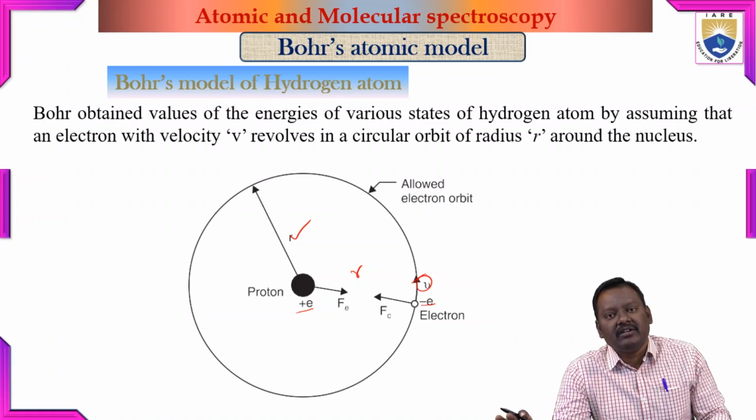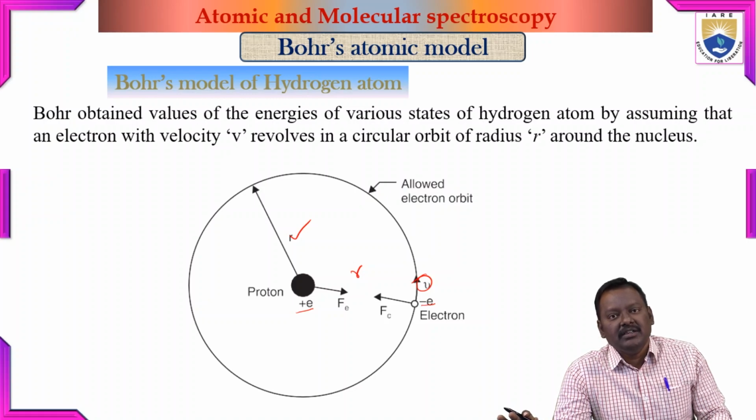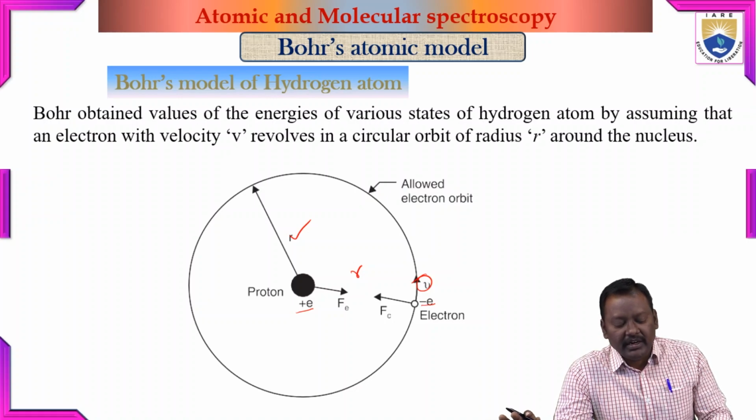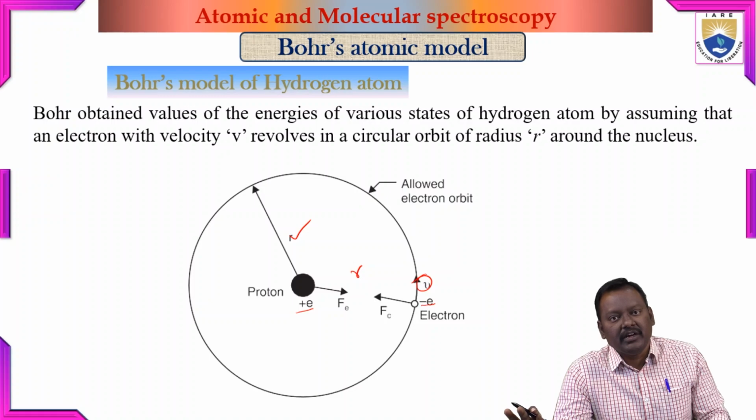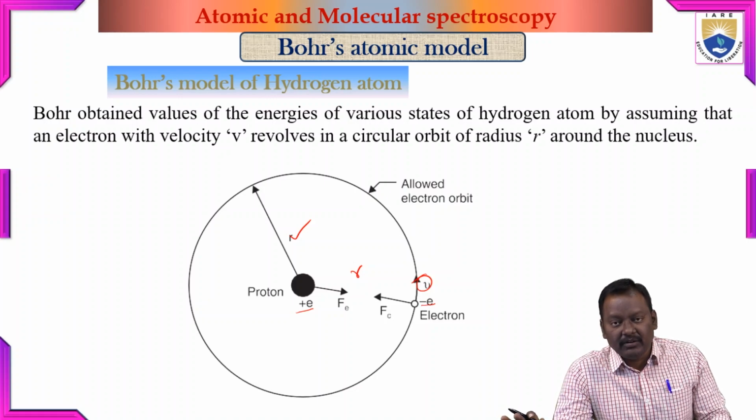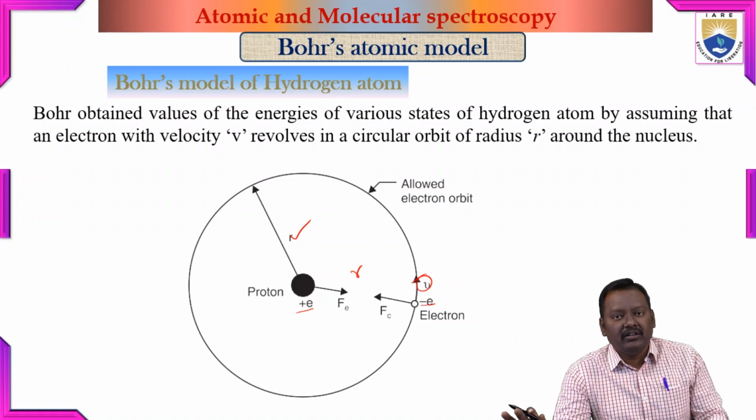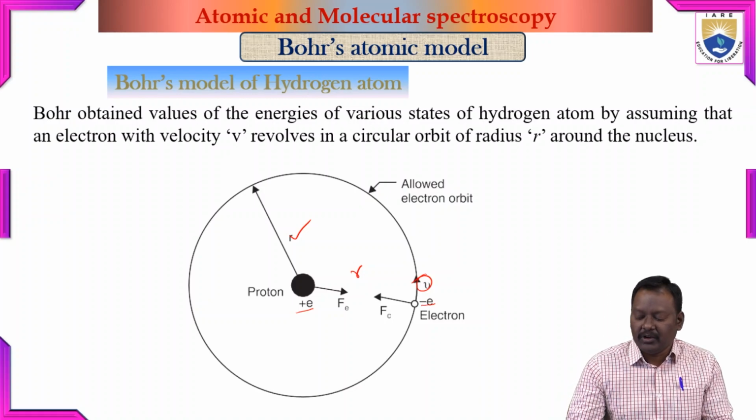That means it could explain single electron atomic models. Bohr's atomic theory could not explain atoms with higher numbers of electrons. This theory could explain only the single electron atomic model.